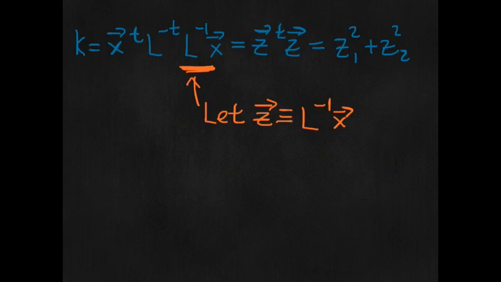So if an equation K is equal to Z1 squared plus Z2 squared, this is a circle of radius root K.